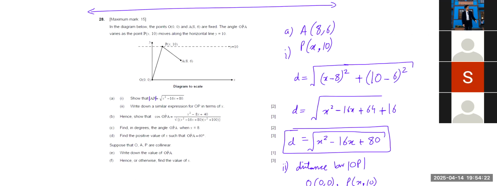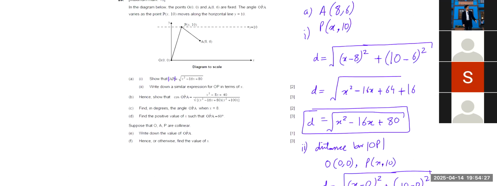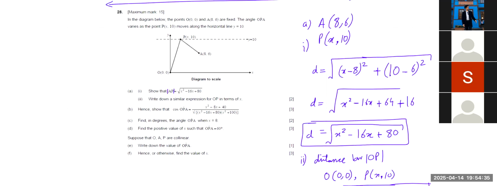Okay, so now we have, hence, your favorite word again, show that cosine of OPA is equal to this. Remember, you have a triangle. They're asking you to find essentially this angle. This is OPA. Let's call it P for now because it's annoying writing OPA over and over again.